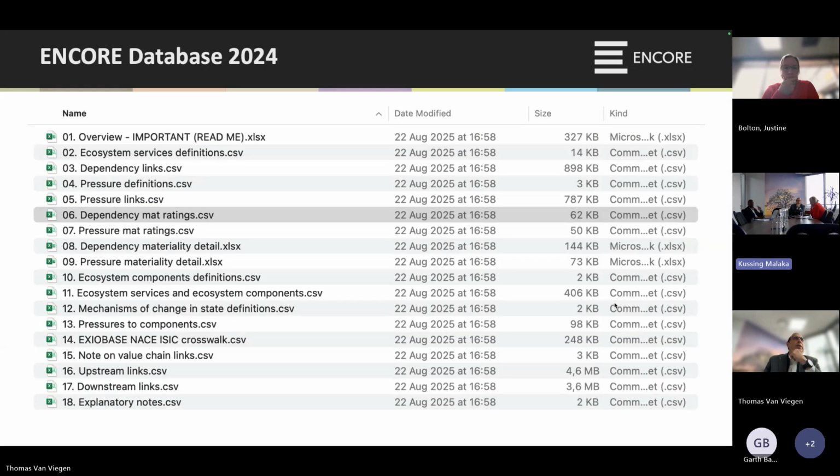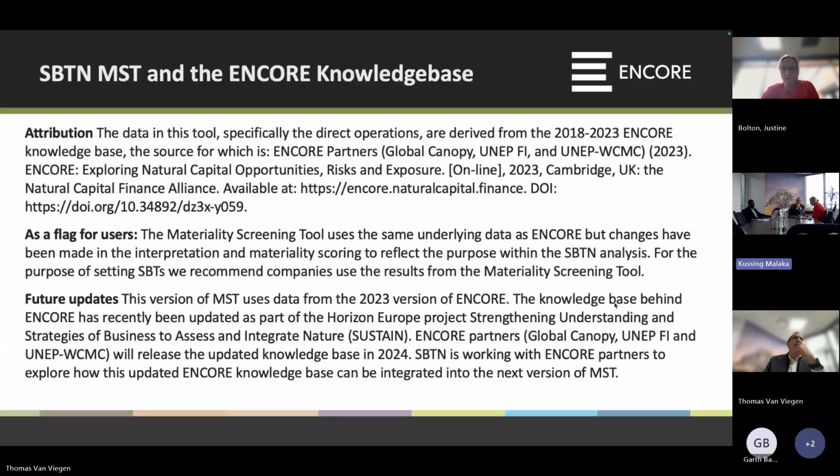This is just what the Encore database looks like at the moment. If you go into the backroom, it's in a file, it's downloadable. As you can see, the dependency materiality ratings and pressure materiality ratings are CSV files. You can download that data, and you have the entire backroom engine to Encore that you can then do really nuanced and granular analysis with.